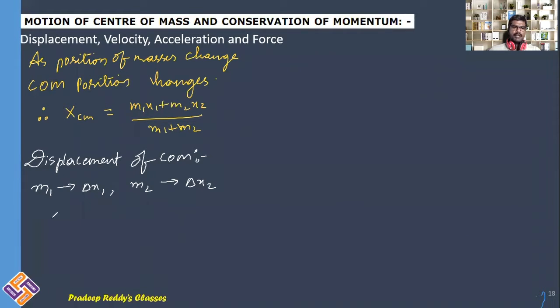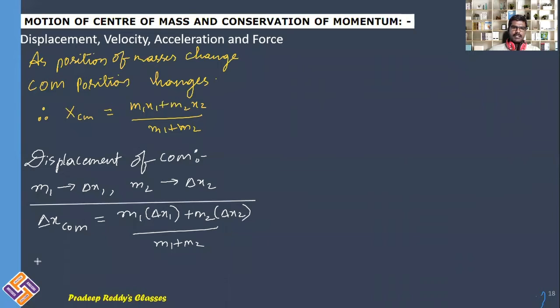Therefore, the displacement of the center of mass can be written as (m1 delta x1 + m2 delta x2) divided by (m1 + m2). This is how you can find the displacement of the center of mass.